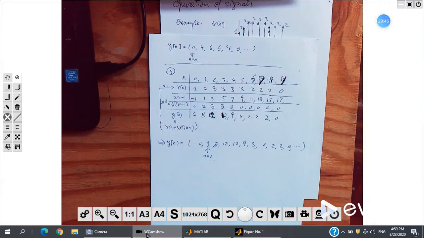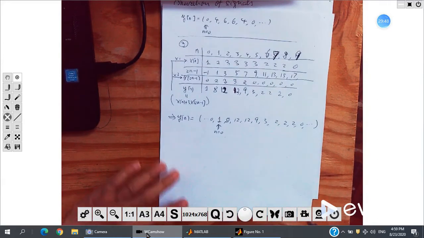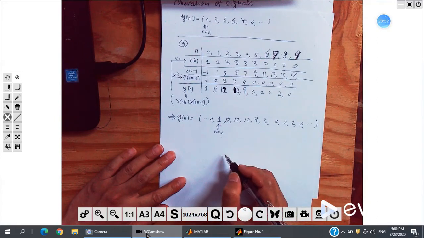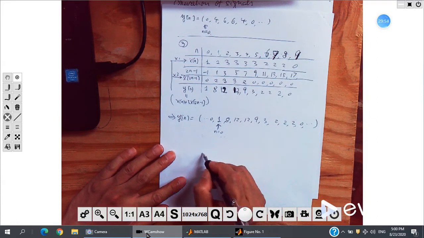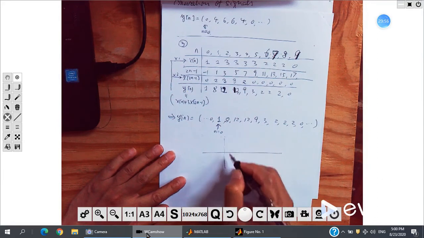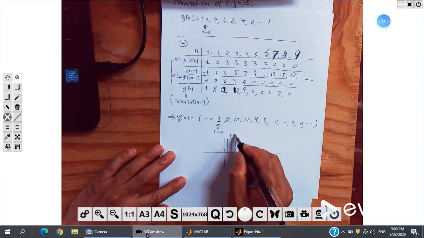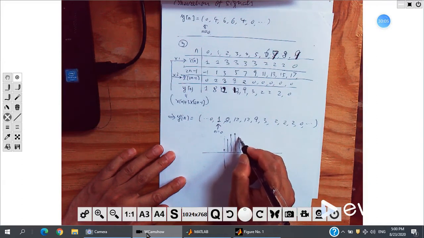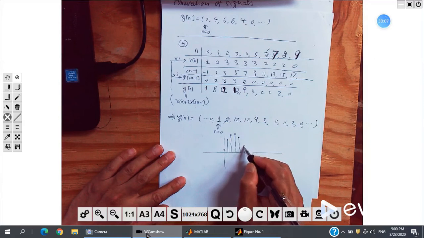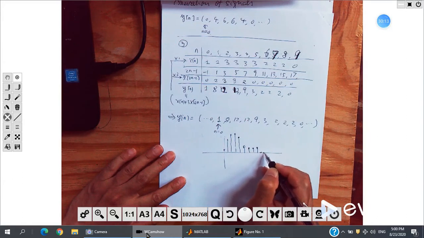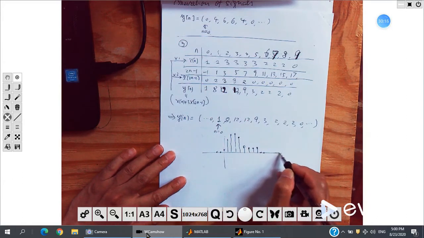If you want to give a graph, then it will look like this: you have 1, then 8, 12, 12, then 9, then 3, then 2, 2, 2, then 0. Right?